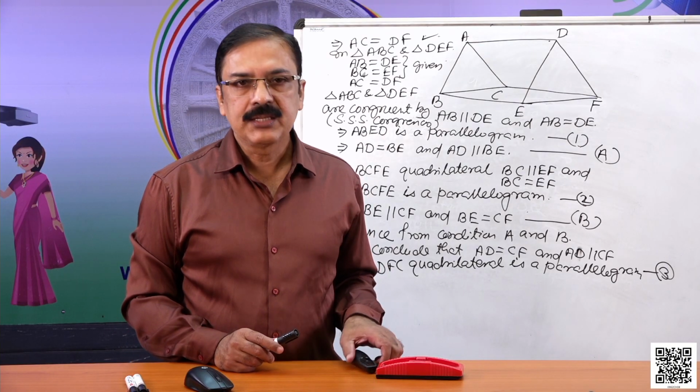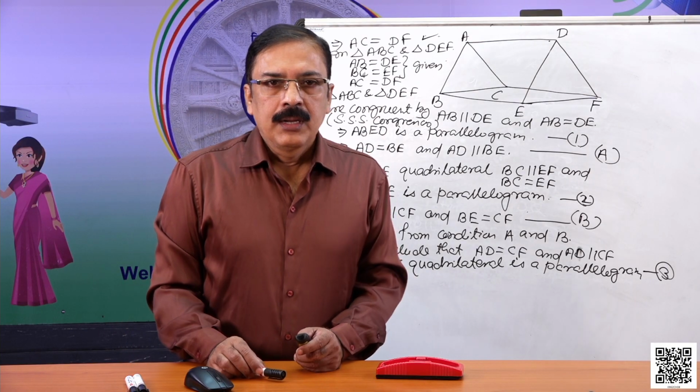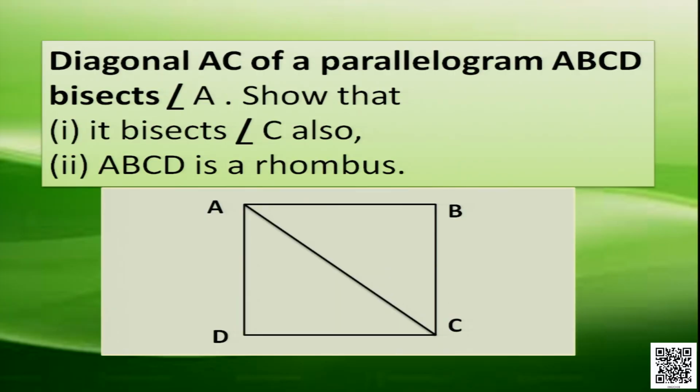Now, let us see another question. Diagonal AC of a parallelogram ABCD bisects angle A. Show that it bisects angle C also, and ABCD is a rhombus.